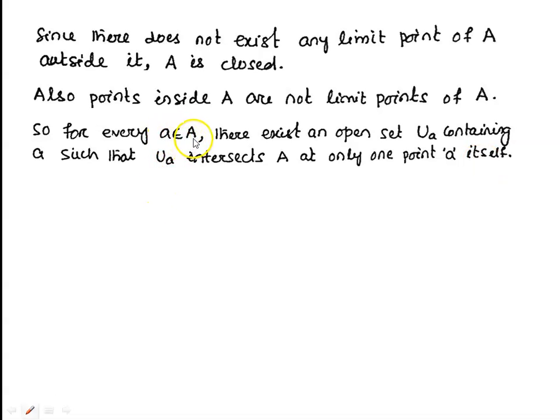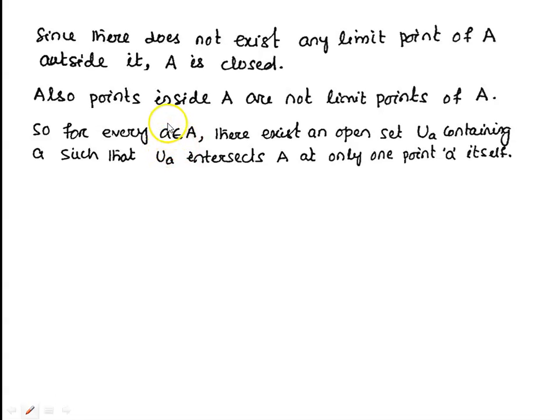Since a is a point in A, and there is no limit point of A inside A, this a is not a limit point of A. From the definition of limit point, a point is a limit point if every open set containing that point intersects the set.